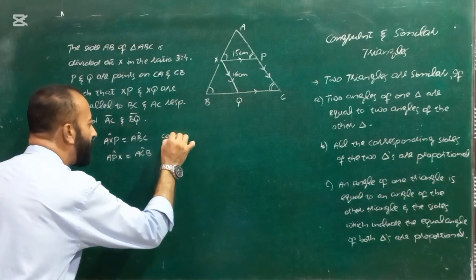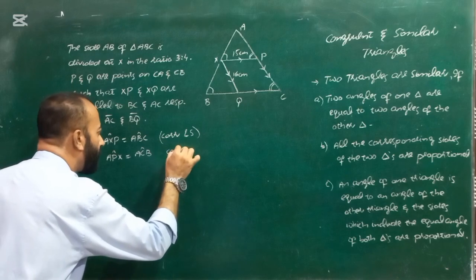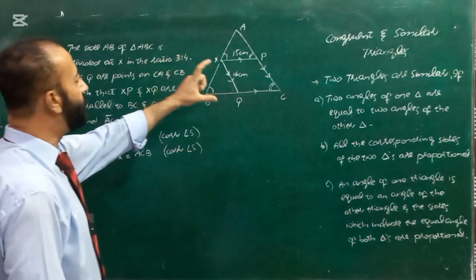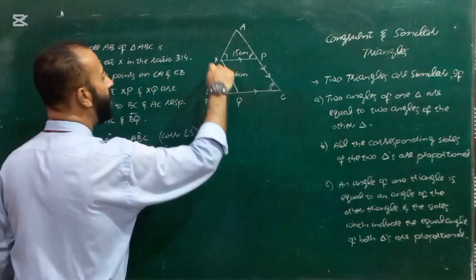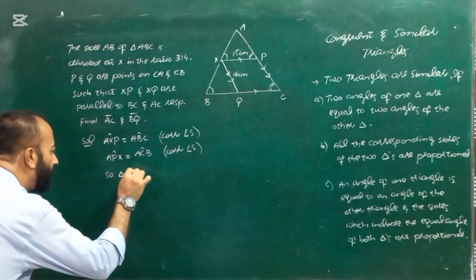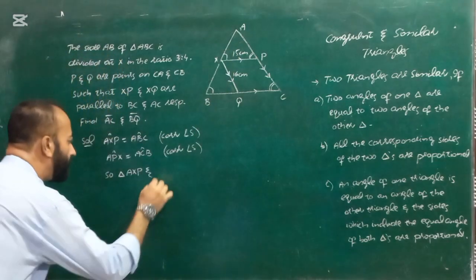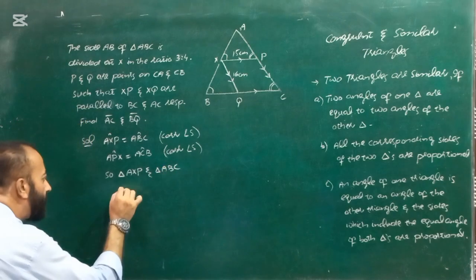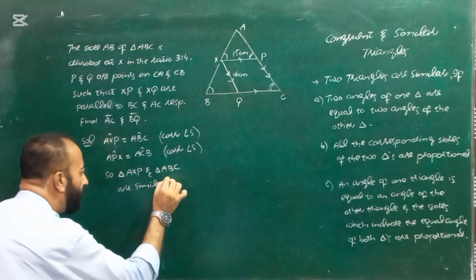So these are actually corresponding angles. It means if two angles in two triangles are the same, then the triangles are similar. So triangle AXP and ABC are similar.